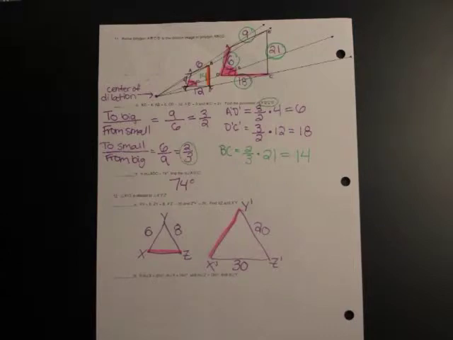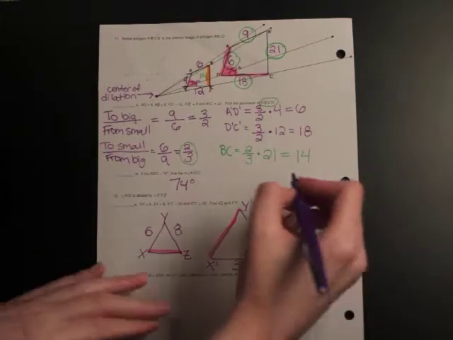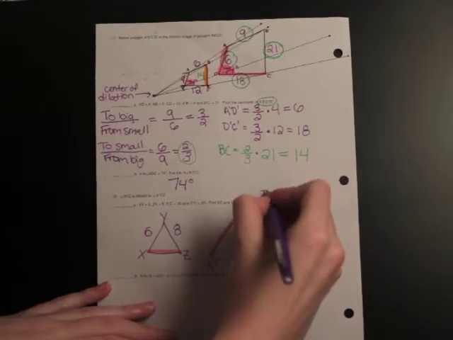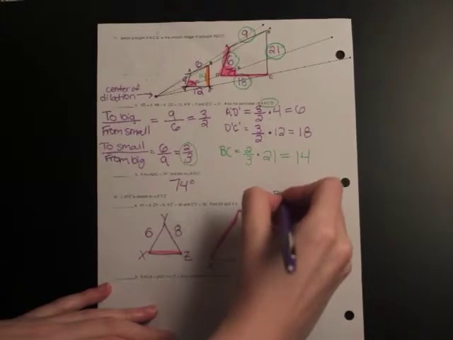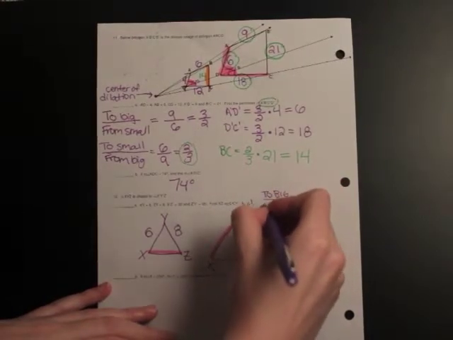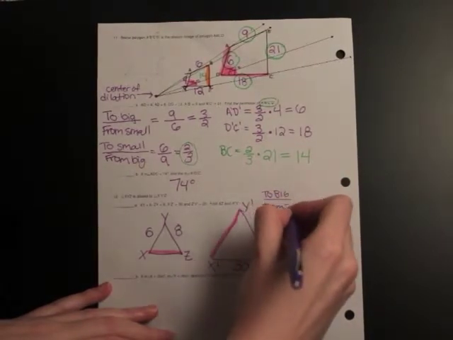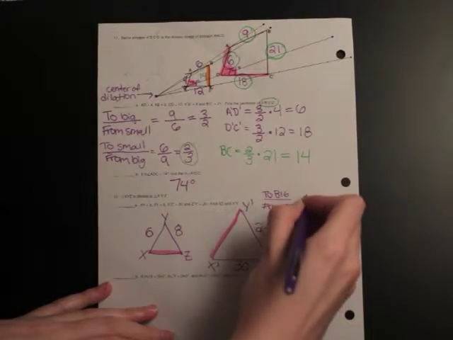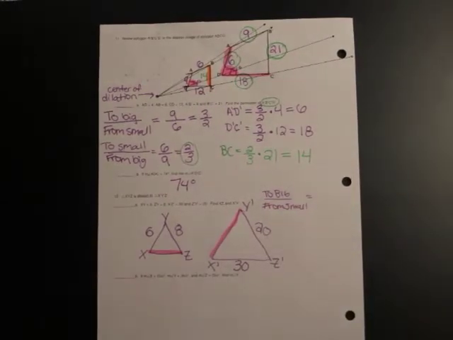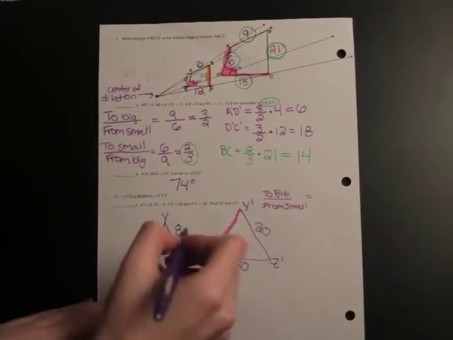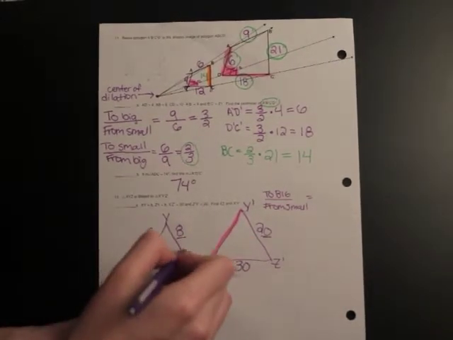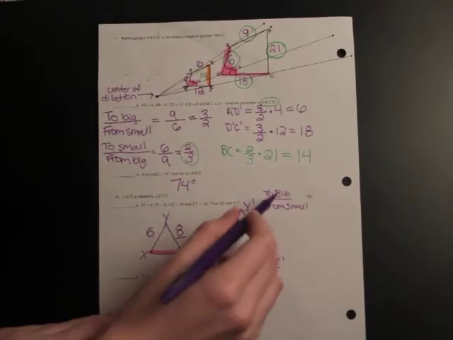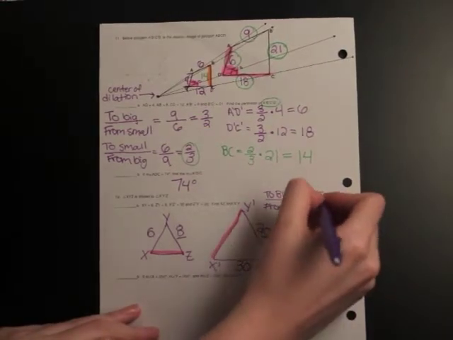So now we're going to find our scale factor, and we are going to find our missing sides. So let's say I want to go to the big triangle. I want to find the big triangle first. Go to big from small. Okay, we have to match up the sides. So it looks like 8 and 20 are going to match up. They both have Y and Z. So big has to be on top, 20.